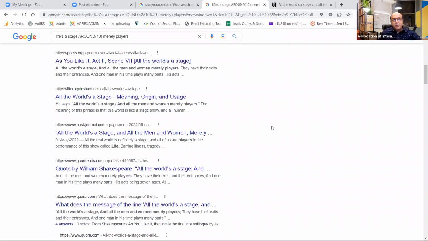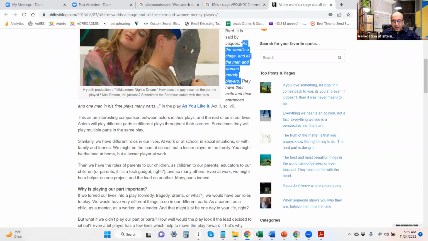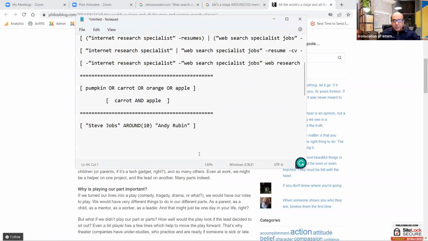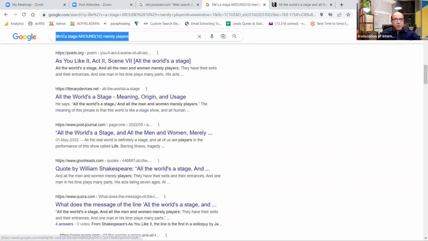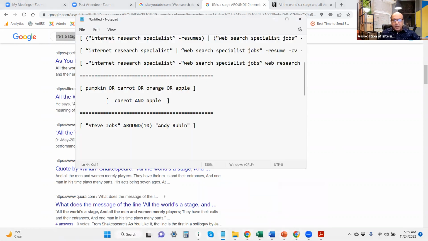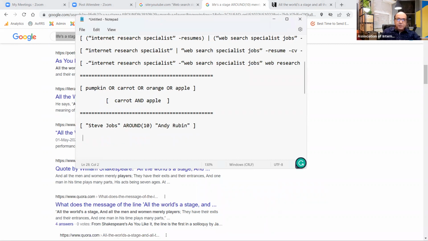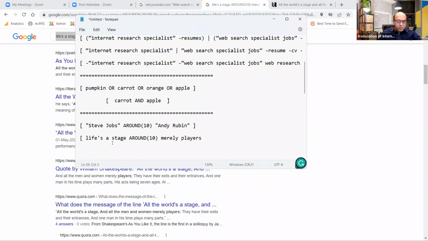So this is where AROUND is going to work fine, but you also have to remember that when you're using AROUND, you don't put both terms within the quotations. Coming back to this one, supposing I put the two terms in quotation marks, I can do that also.